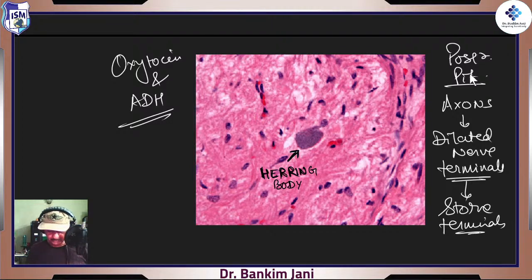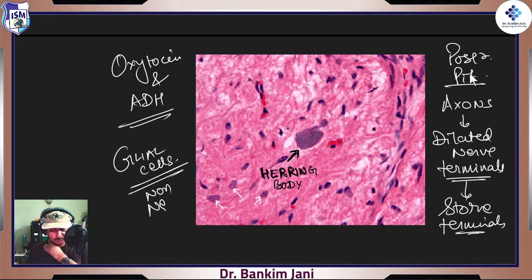Right? Then you can watch some other cells also over here. See here, here. They are quite small. These are glial cells. Right? You remember what glial cells were? Glial cells are non-neural supporting cells. True? So non-neural supporting cells.